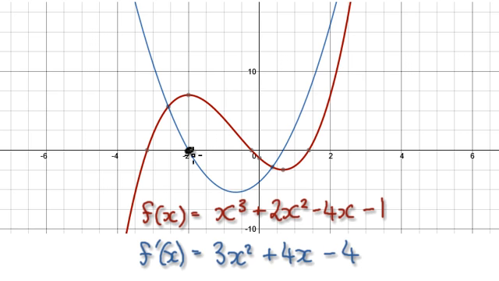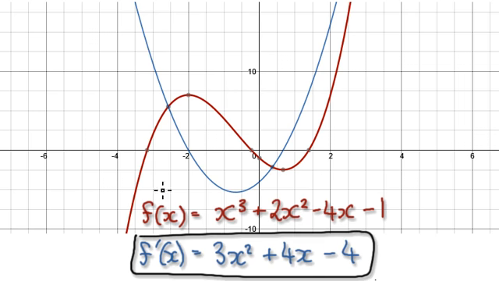Okay, so remember, when it's dead on 0 it is a critical point. So this here is a critical point, in this case a turning point. But when this thing here is negative, then you can see that the original function is always going downhill.